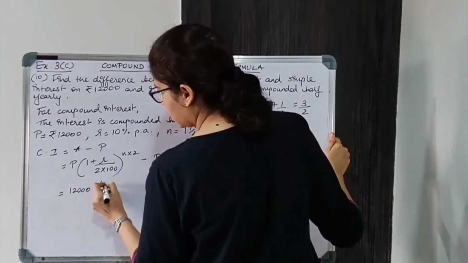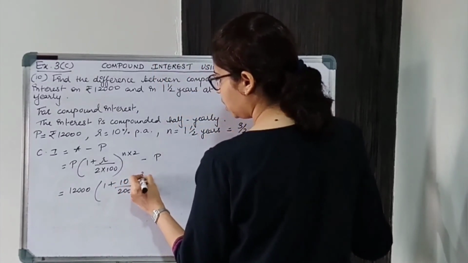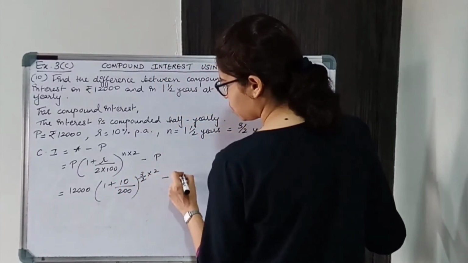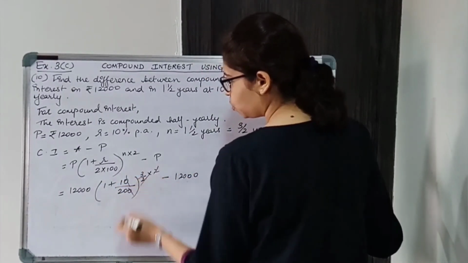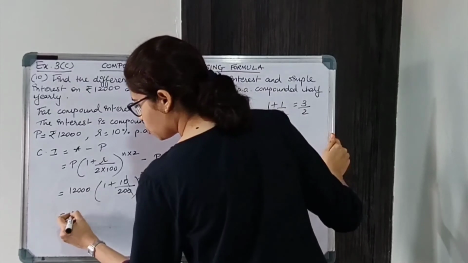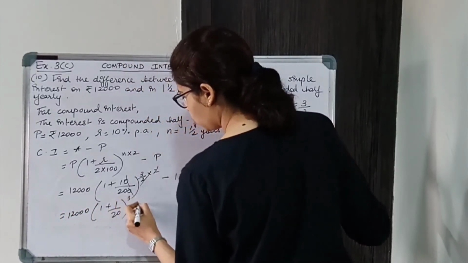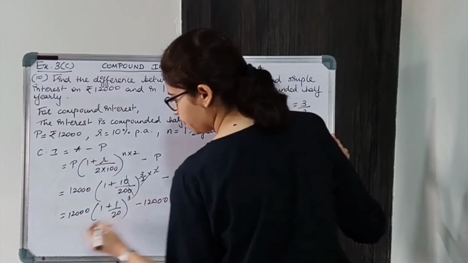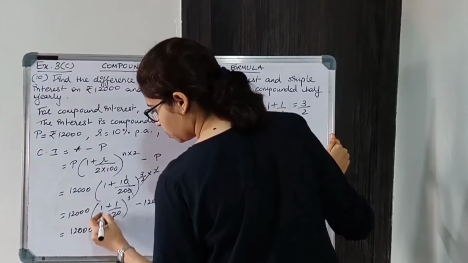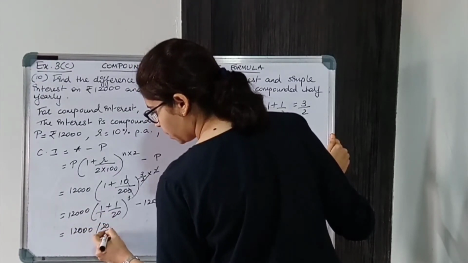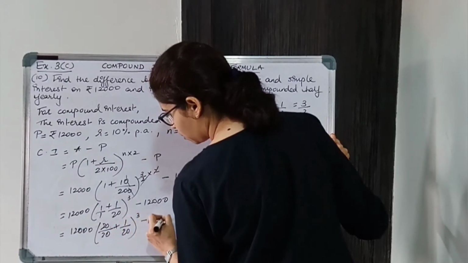So 12,000 into 1 plus 10 upon 200 raised to 3/2 into 2, minus 12,000. The zeros get cancelled, here 2 gets cancelled. So 12,000 into 1 plus 1 upon 20 raised to 3, minus 12,000. So 12,000 into, take LCM, so 20 upon 20 plus 1 upon 20 raised to 3, minus 12,000.